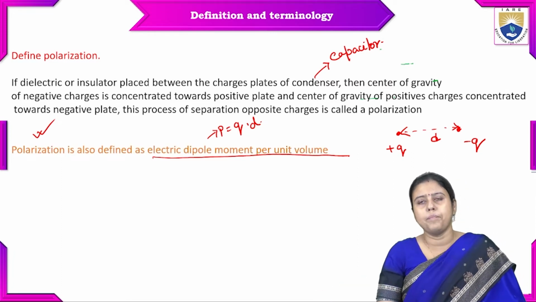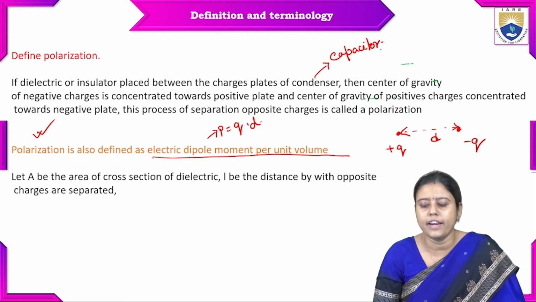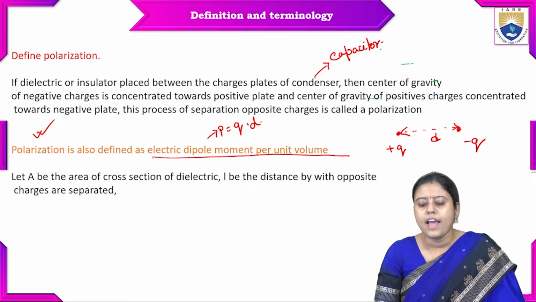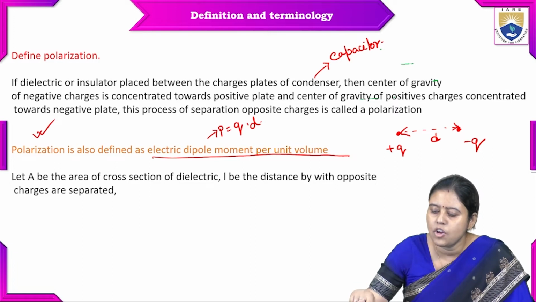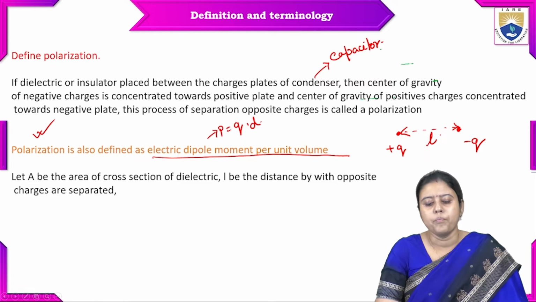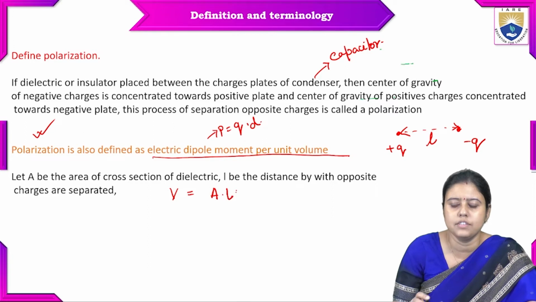Polarization is also defined as follows. Let A be the cross-sectional area of the dielectric, and L be the distance between the opposite charges. So what will be the volume? Volume is equal to cross-sectional area into distance.